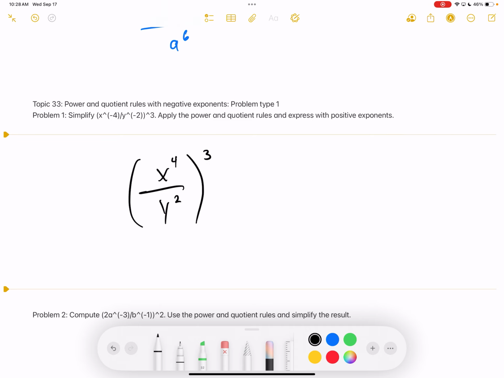So on this one, oh, I forgot to write the negatives. I was like, where's my negatives at? That's -4, that's -2. So I take this 3 times both of those, so it's x to the -12, y to the -6. So to make the y positive, it would be 6. To make the x positive, move it down.